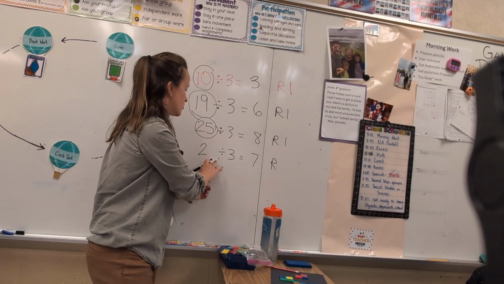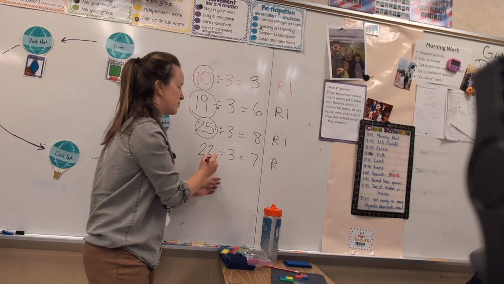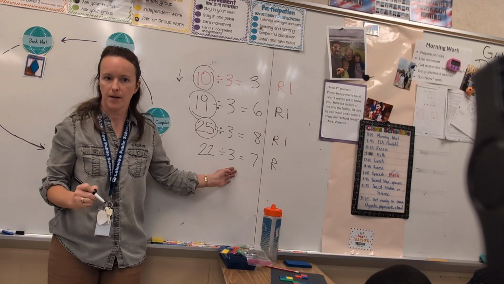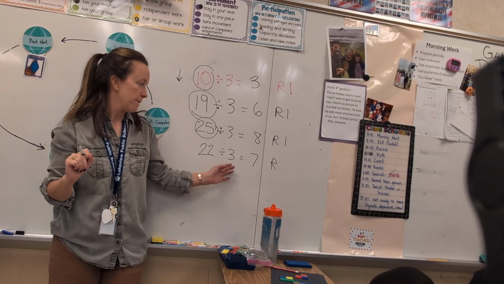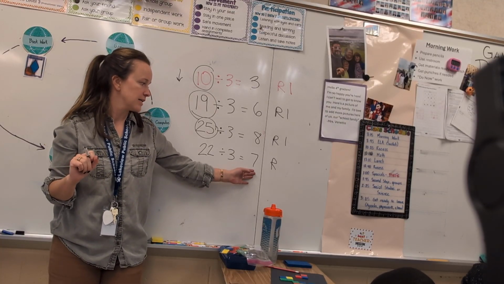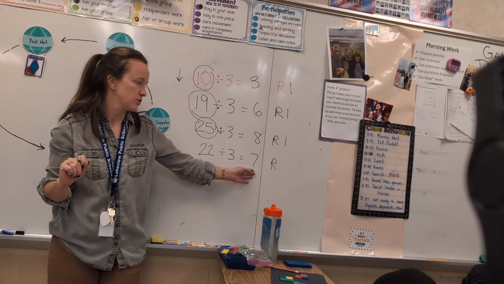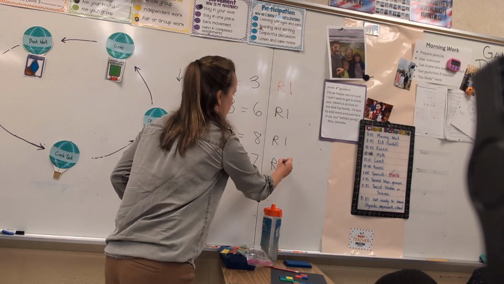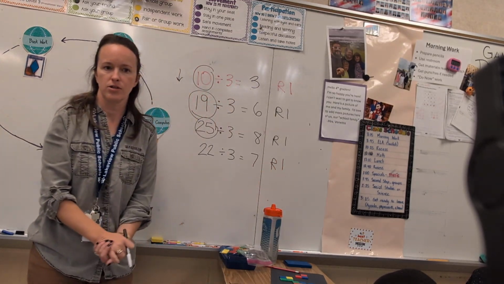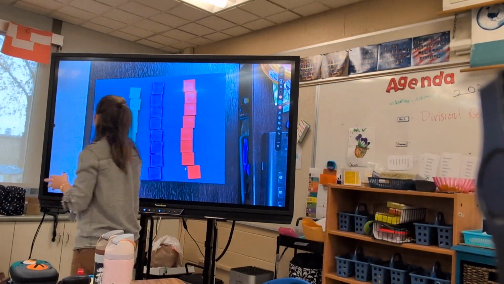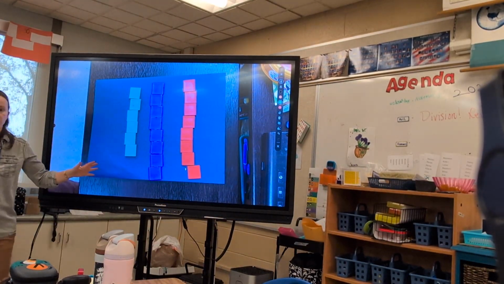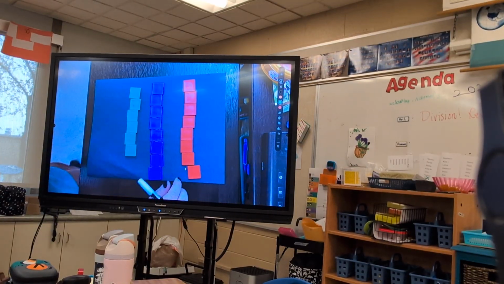So 22 students split into 3 groups, and I'm going to have you prove that to yourself with the tiles in a minute, would end up getting 7 in each group, 7 students with 1 left over. So we'll pause the video so that you can see that with your tiles. Okay, so Phoenix had 3 groups. It's 22 tiles, but they're not equal groups.